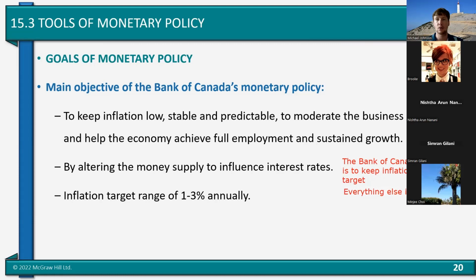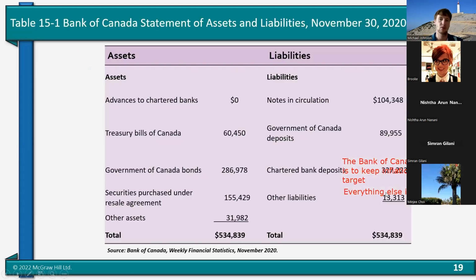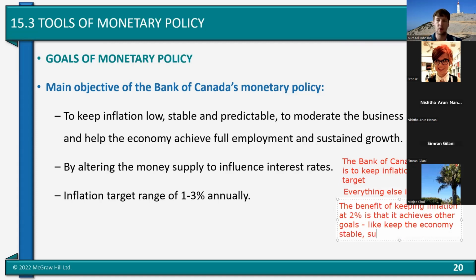The benefit of keeping inflation at 2% is that it achieves other goals like keeping the economy stable, supporting full employment, and sustained growth.